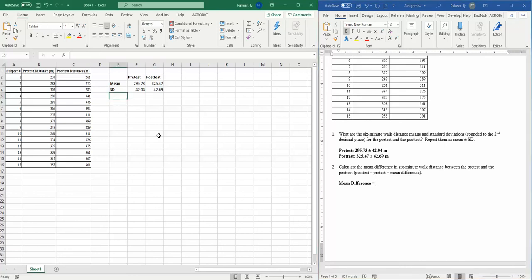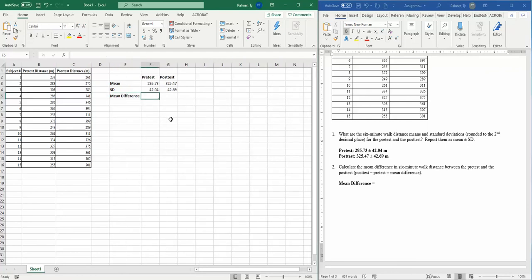Let's go first to our Excel sheet and calculate the mean difference over here. I'm going to type in my label for mean difference, and I'm going to bold it. And then I will put in my calculation for mean difference in this cell. Again, it's going to be post-test minus pretest.